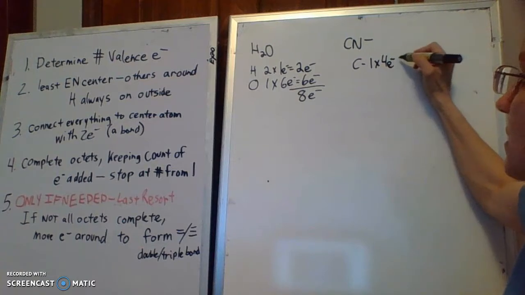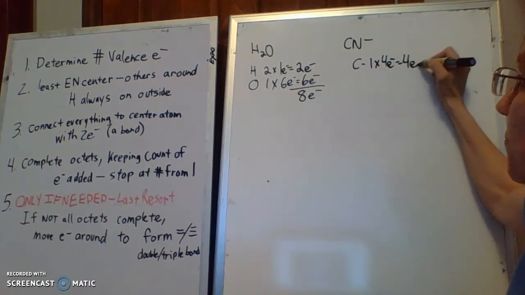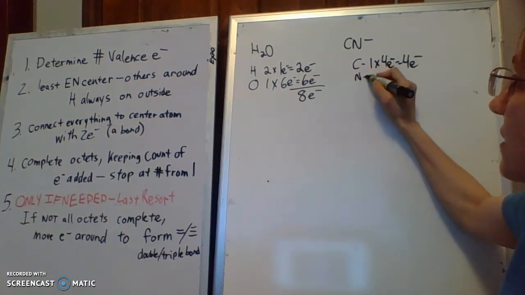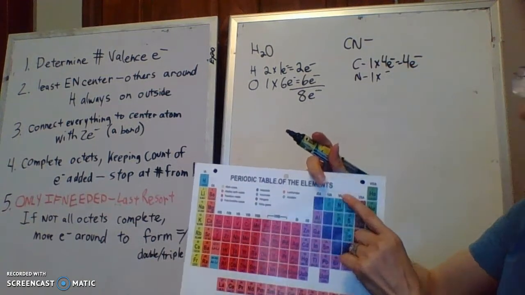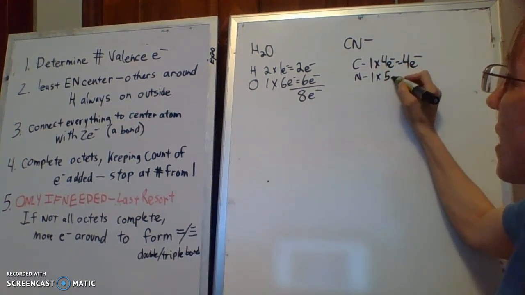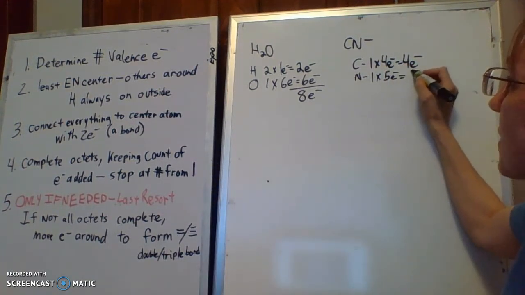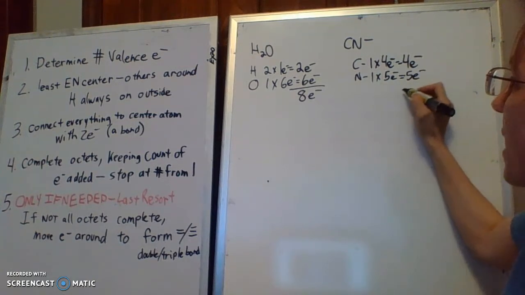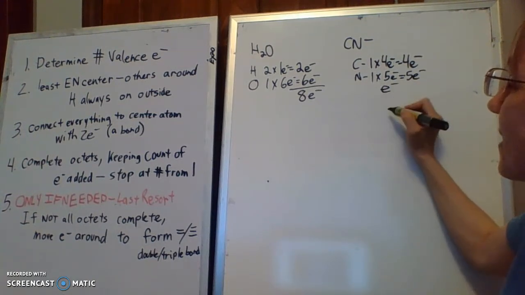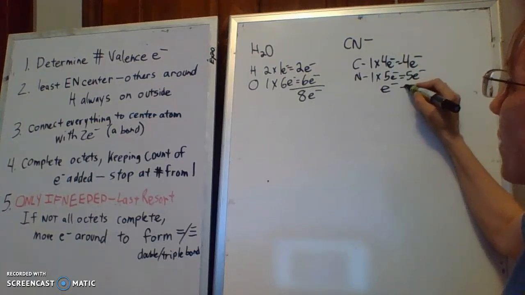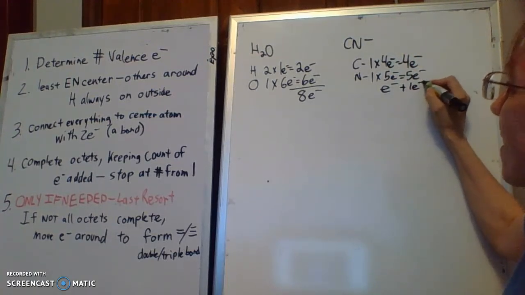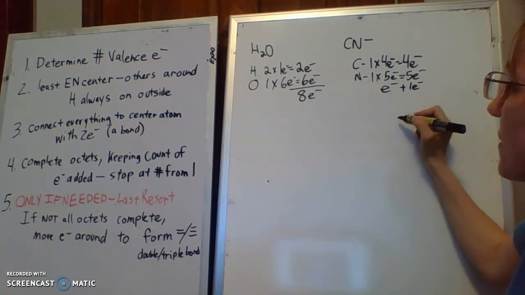So we get 4 valence electrons from carbon. Nitrogen, one of those, and nitrogen happens to be in the 5A column, so it's going to give 5 valence electrons. We get 5 from that. And the extra electron: if it is a negative sign, we are going to add that charge here.